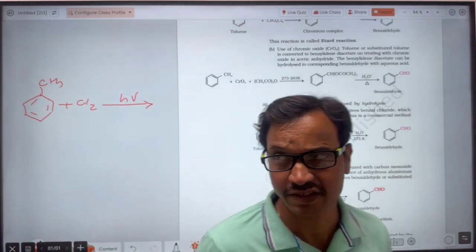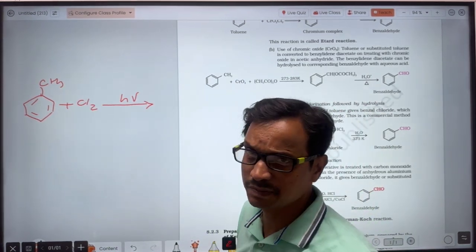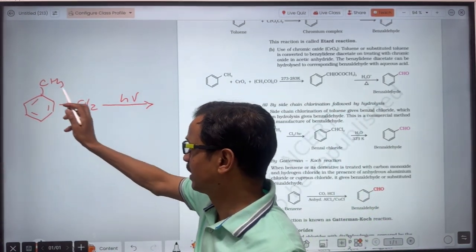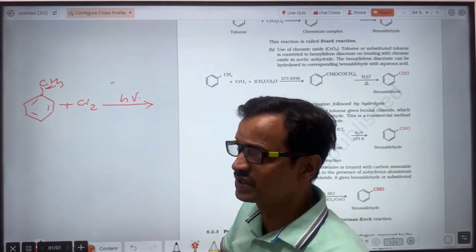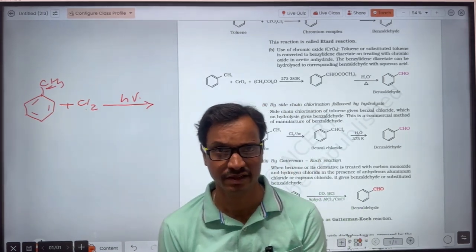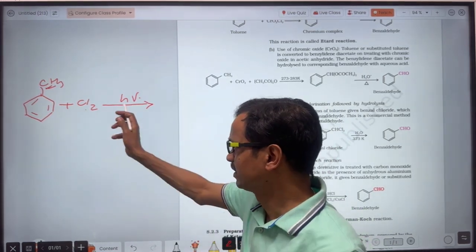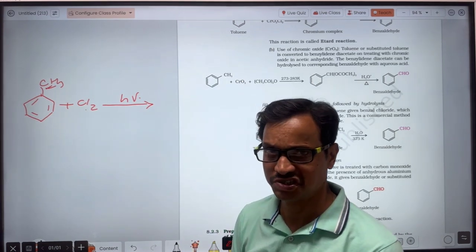Keep this one seriously. In presence of light, when halogenation is done, then the halogen will bond to this methyl part. And if there is any Lewis acid, like anhydrous AlCl3 or FeCl3 or FeCl2, then the chlorine will bond either to the ortho position or at the para position.